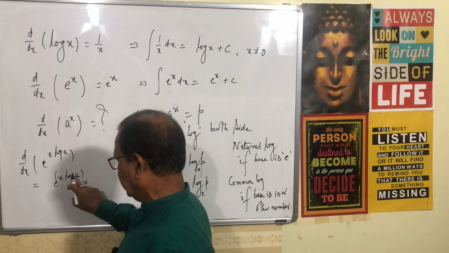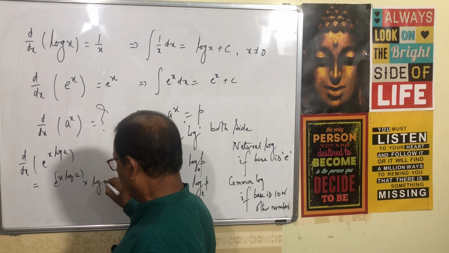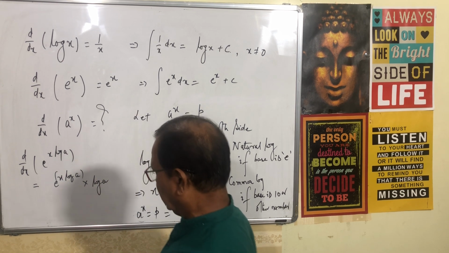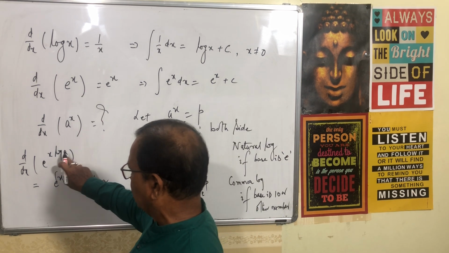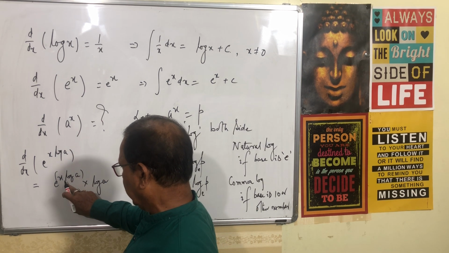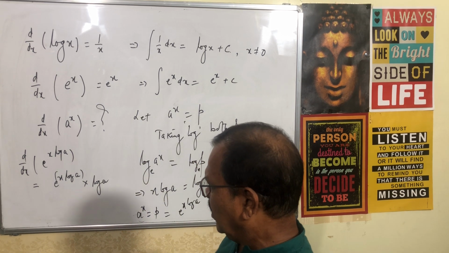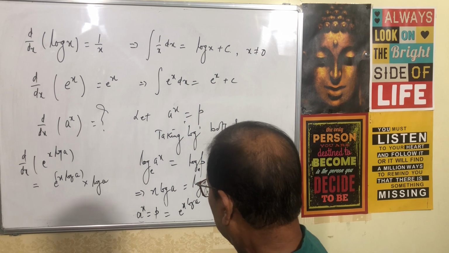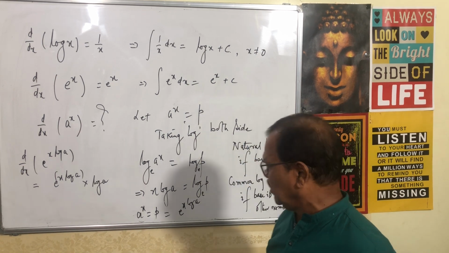So, differentiation of x log a is simply log a. So, d/dx of e to the power x log a is e to the power x log a into log a, correct? You must have understood all this explanation.